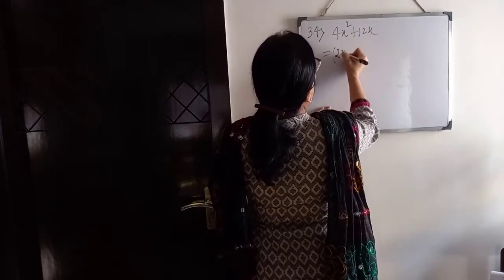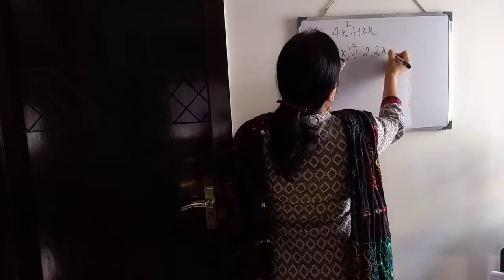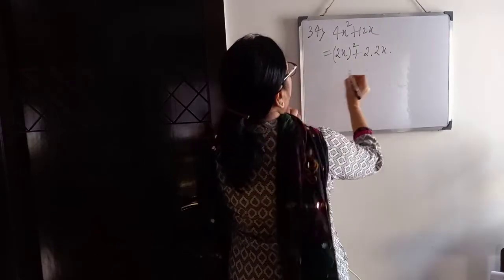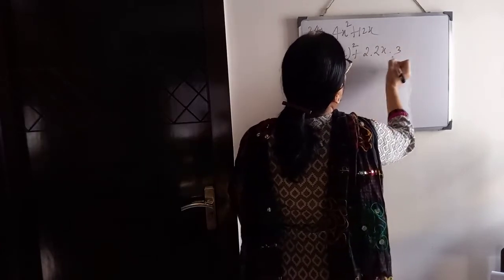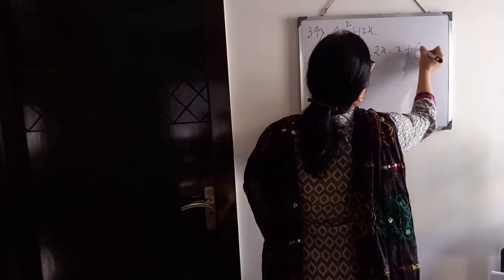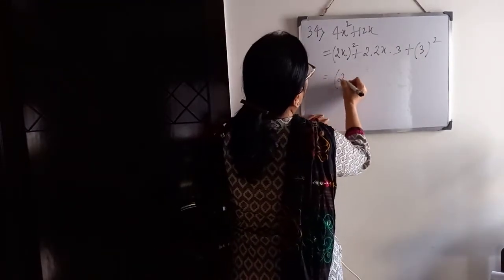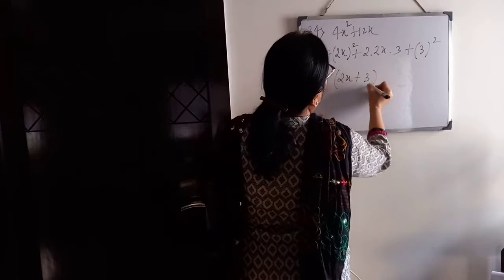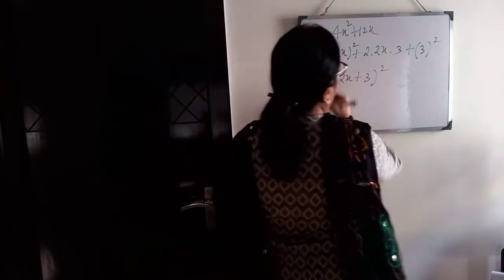4x square means we can write (2x) whole square plus 2 into 2x. There is 12x. From here 2 twos are 4, 4, 3 required. Clear? So 3 means if I can write here 3 square, so this one equals, we can write (2x plus 3) whole square. Clear? It is a perfect square.